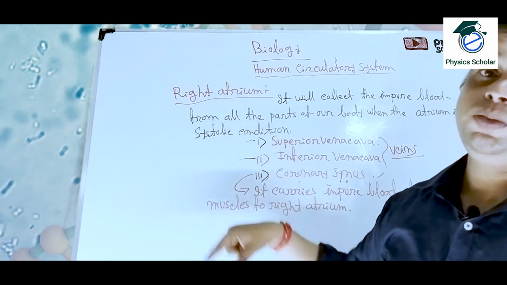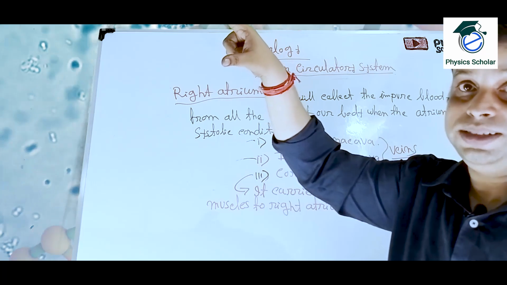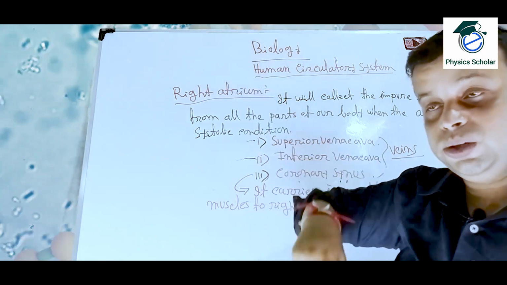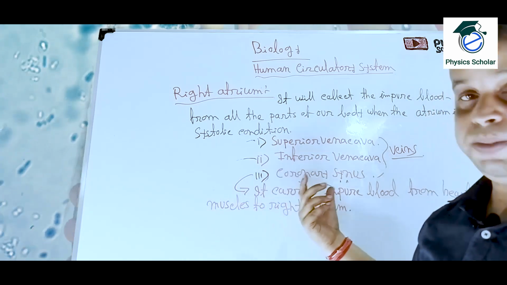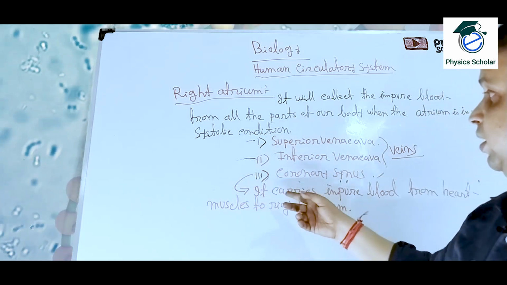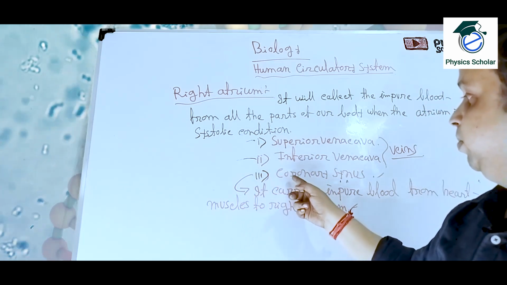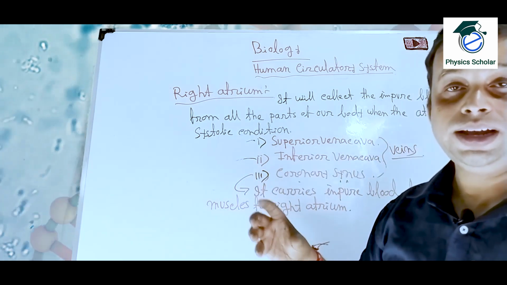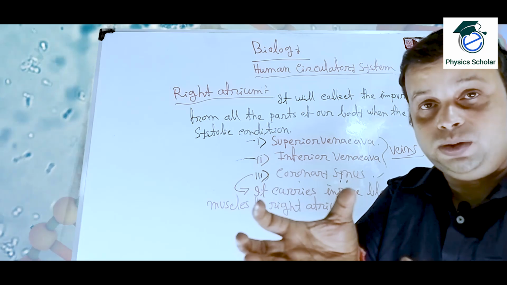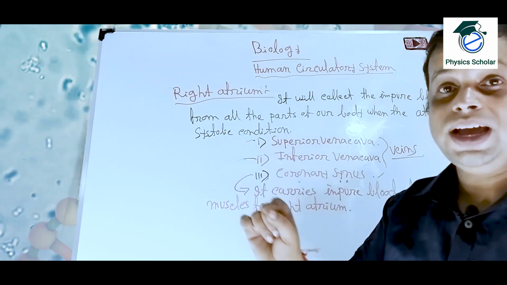Okay, and it needs to go to the lungs for purification, and also the purified or pure blood needs to be supplied to the heart muscles. Clear? So that's why there is another special type of vein known as the coronary sinus. The coronary sinus will collect the impure blood from the heart muscles.